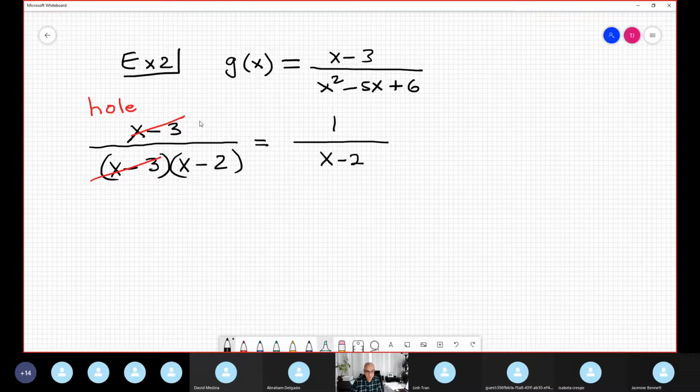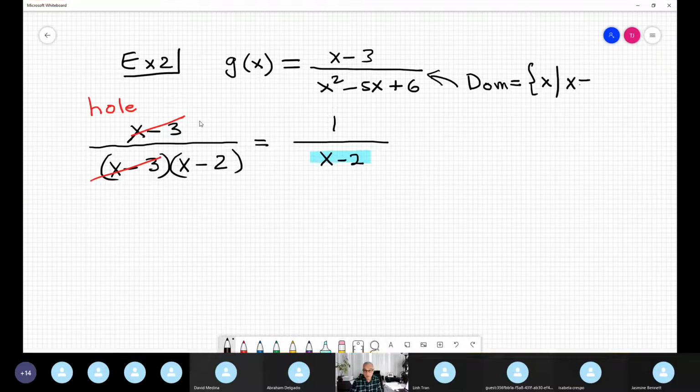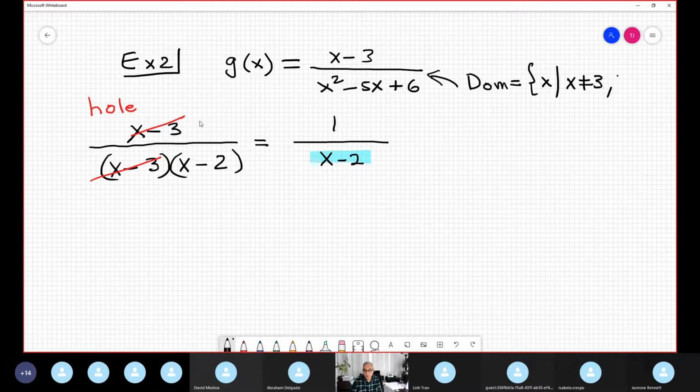So you say, well, what is the domain of this? The domain is all real numbers except the hole at 3 and the vertical asymptote at 2. So it is undefined in two different ways, because it's a hole or a vertical asymptote.